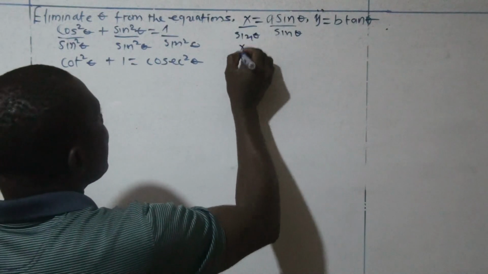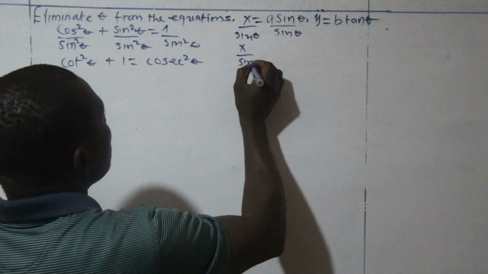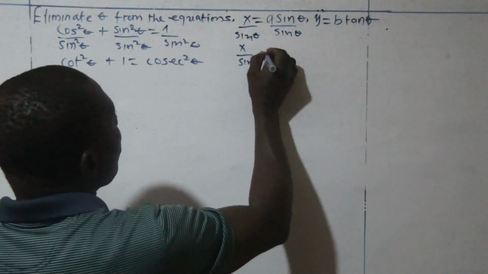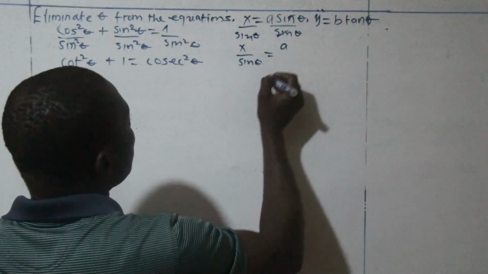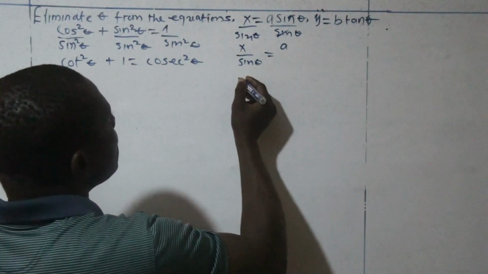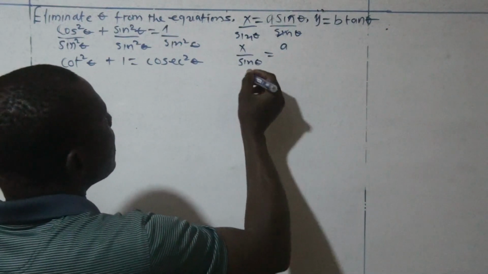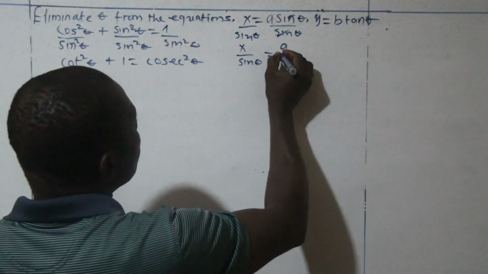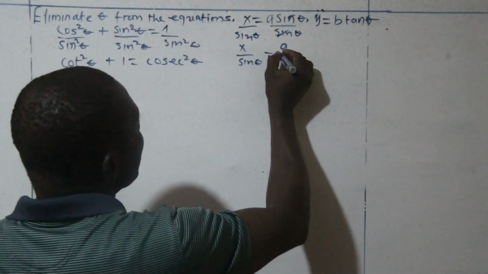Here we have x over sine theta. This will be a, so here we have a. And for us to get rid of x, we multiply both sides by 1 over x.